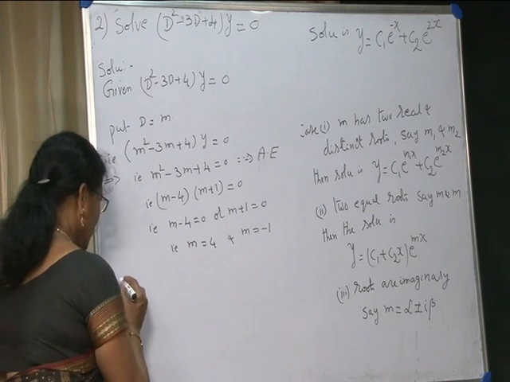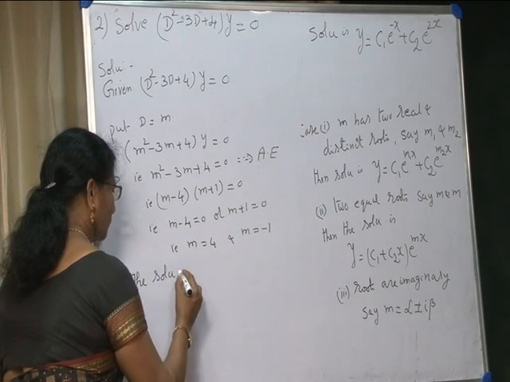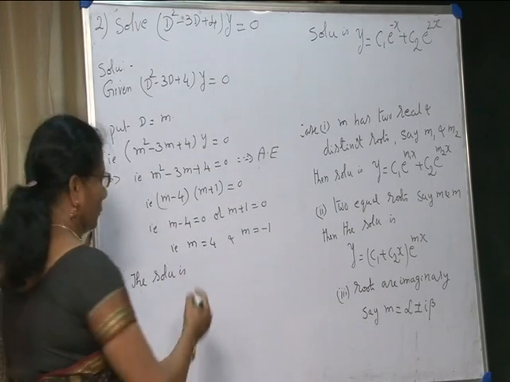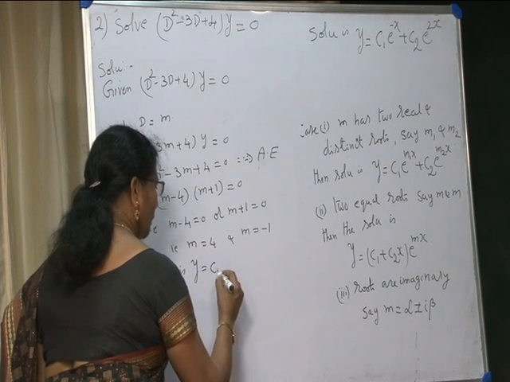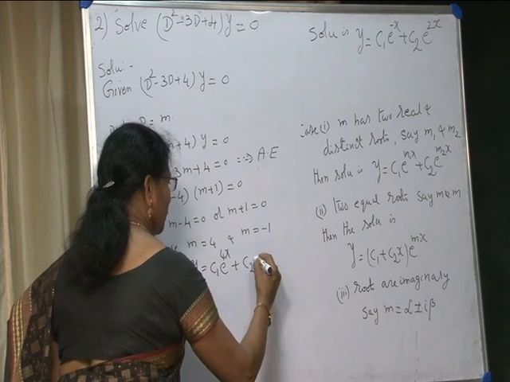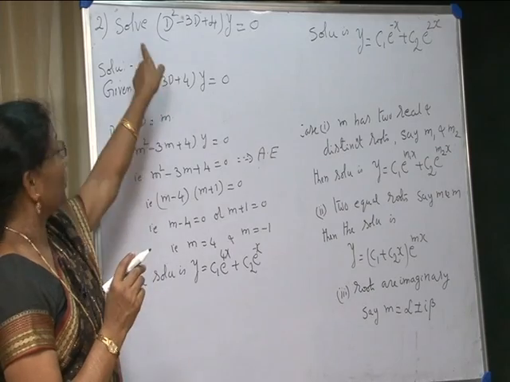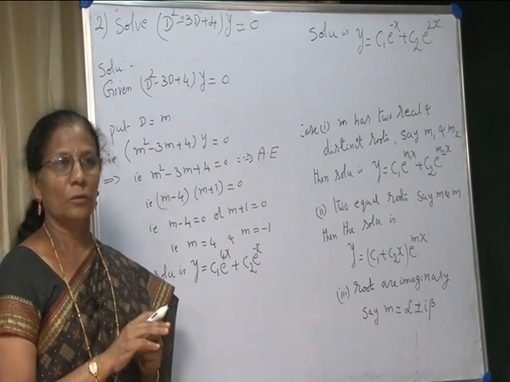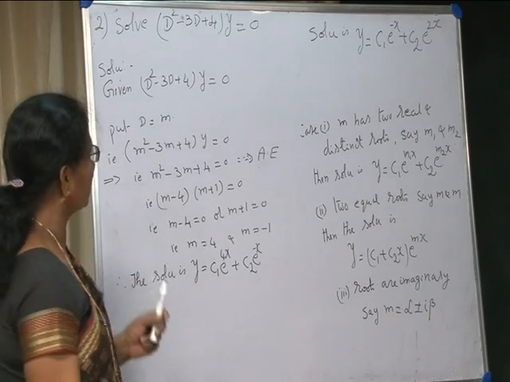Therefore, the solution is y is equal to c1 e to the power of 4x plus c2 e to the power of minus x. This is the solution of the given second order homogeneous differential equation.